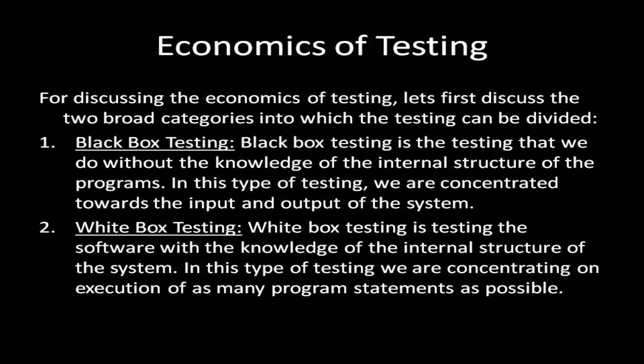Black box testing is the testing that we do without the knowledge of the internal structure of the programs. In this type of testing, we are concentrated towards the input and output of the system. The second type is white box testing. White box testing is testing the software with the knowledge of the internal structure of the system. In this type of testing, we are concentrating on execution of as many program statements as possible.